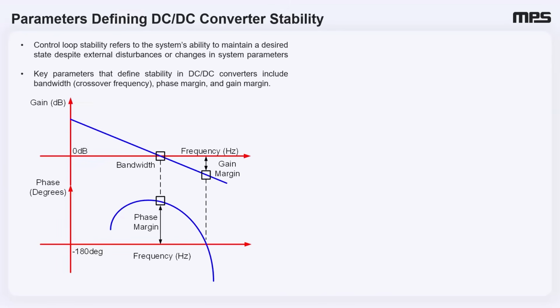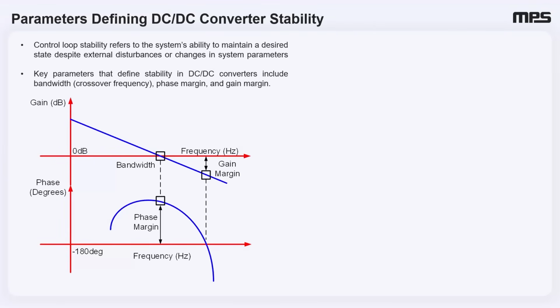So given the importance of stability, let's define what we mean by control loop stability in the context of DC-DC converters. Control loop stability refers to the system's ability to maintain a desired output despite external disturbances or changes in system parameters.